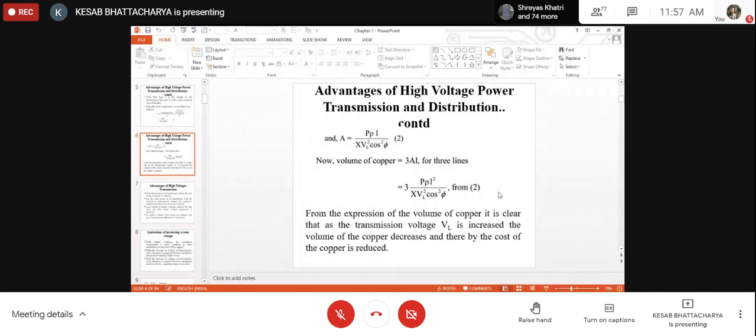Over a particular distance of transmission, a fixed amount of power is transmitted. Therefore, if you increase the system voltage, the current will be reduced. It is VI cos phi, or 3 V phase I phase cos phi, or root 3 VL IL cos phi. So if that is fixed and VL is increased, IL will decrease.